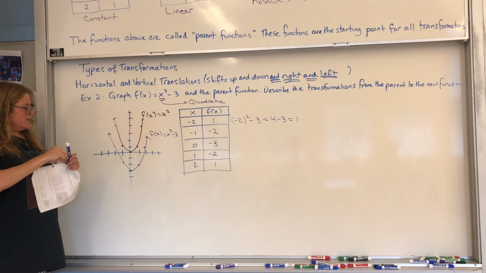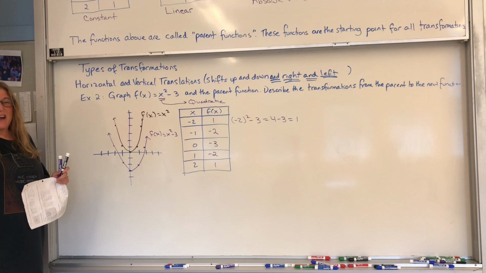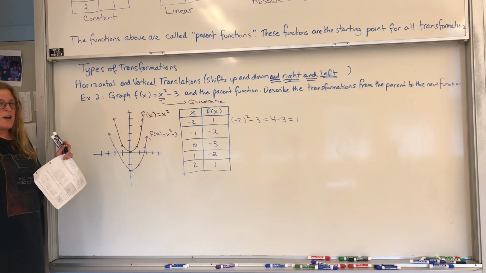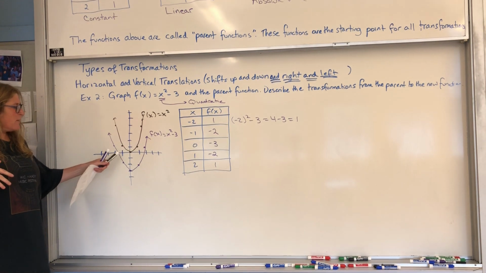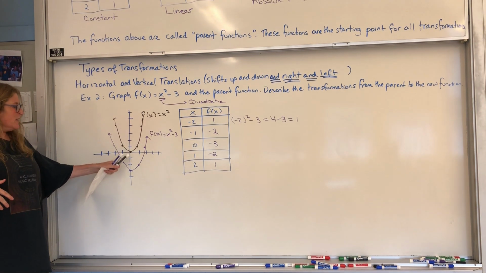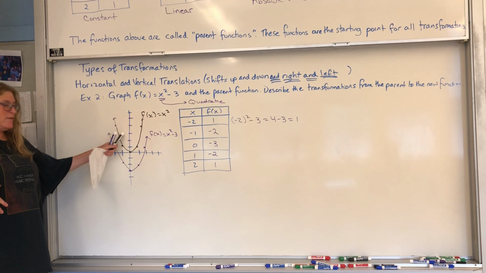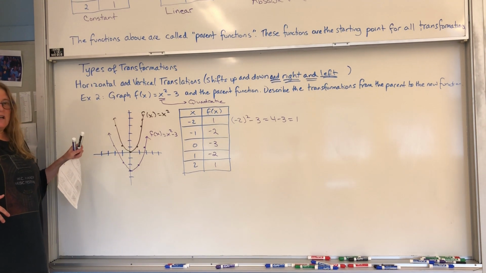Well, they seem to have the same basic shape. One of them's not stretched out or shrunk down. They're the same exact graph, only what I did here is I picked up this parent function and moved it down 3.